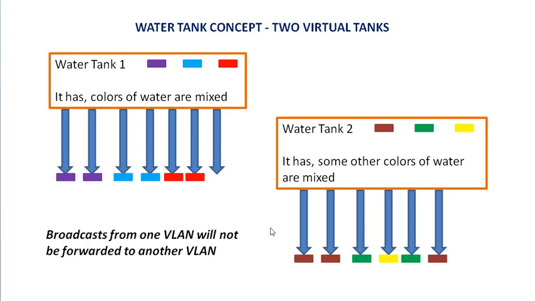Now I define the sixth port in water tank 1 as red color, and here it is a brown color. So broadcasts from one VLAN will not be forwarded to another VLAN. For example, the water in every pipeline should not flow through the other pipes because they are already defined with some other color.